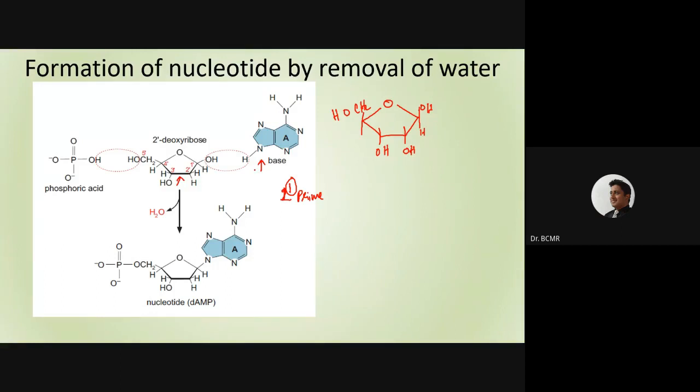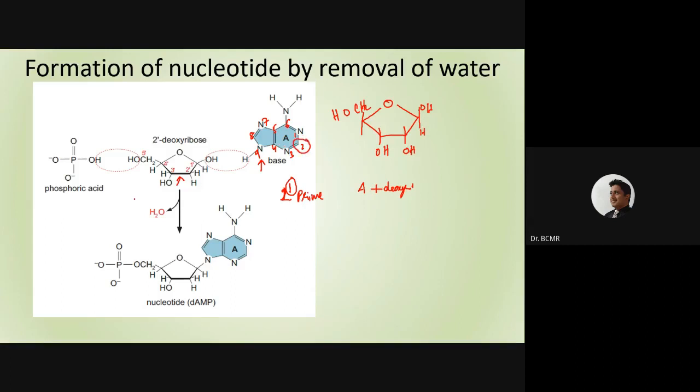If you want to recollect the numbering of bases, we are putting 1, 2, 3, 4, 5, 6, 7, 8, and 9. So if I said 2 carbon of adenosine, adenosine is a nucleoside. That means it has adenine plus, say, deoxyribose. If I said 2 carbon of adenosine, then I am meaning this carbon.